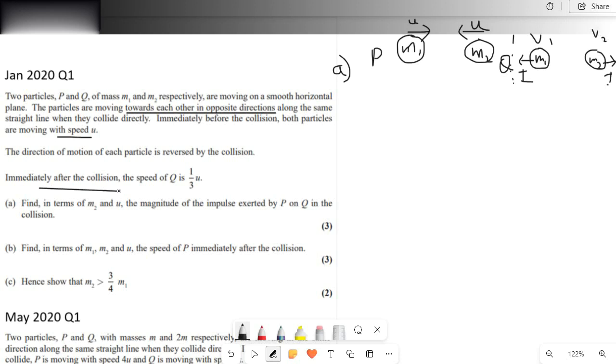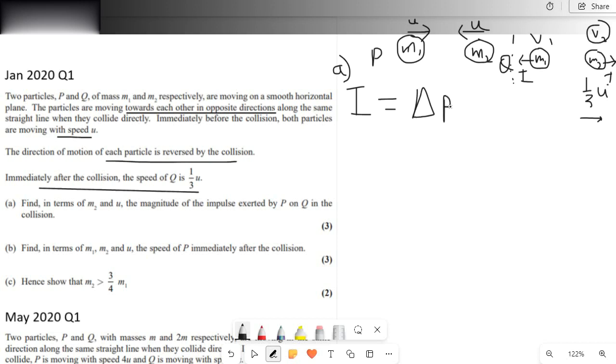Now as we know, immediately after the collision the speed of Q is 1/3 of u, so this velocity should be 1/3 of u, and the direction will be reversed as mentioned in the question. So we can apply I = Δp, the change in momentum, which is mv minus mu.